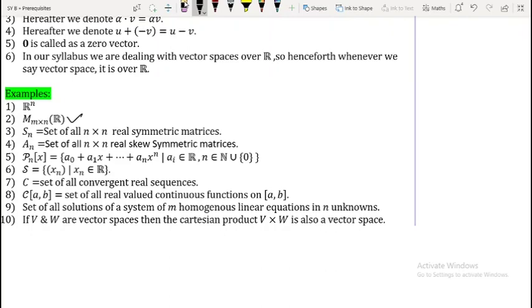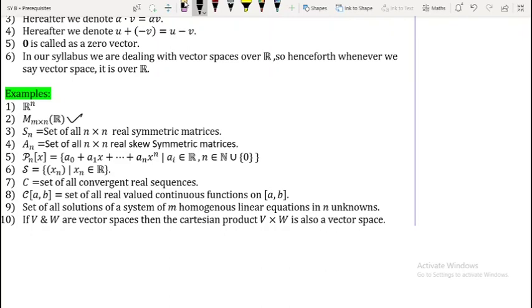Now coming to the fifth example, which is a very important one. We are going to come across this example many times. It is a collection of polynomials having degree less than or equal to n with coefficients from what? R, right?